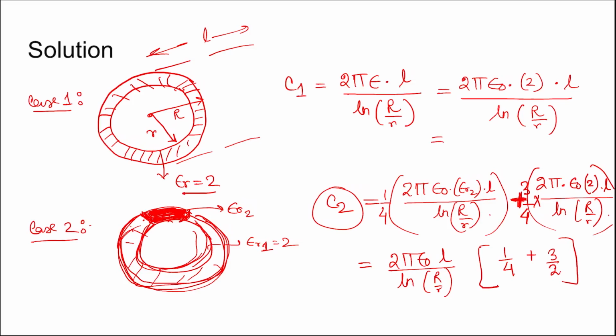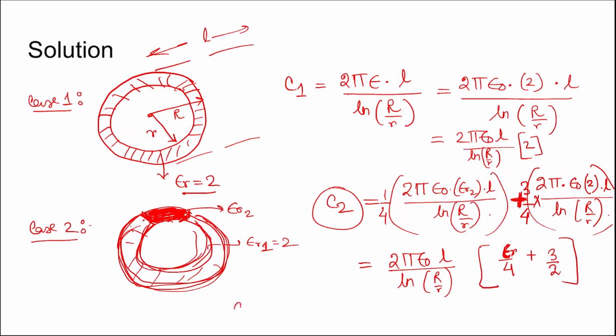And in the first case it would be 2 pi epsilon naught L by ln R by r, taking it common, and it will be 2.